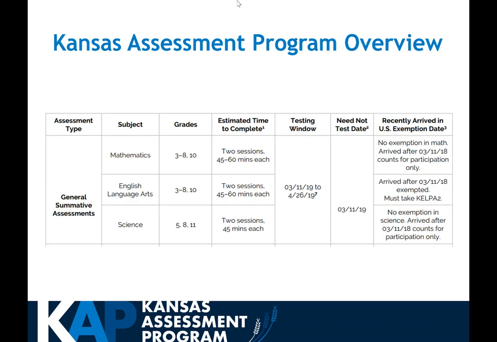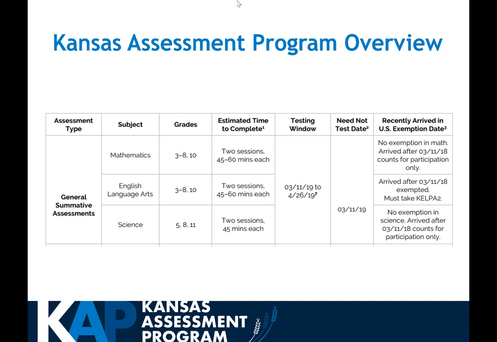In the Kansas Assessment Program Overview, you will see a list of the tests that will be given this year and the grade that will be completing the assessment. This year we will have mathematics, ELA, and science assessments for our students, but the grade varies based on the subject. The time estimate to be completed is only an estimation, and it is important to remember that the tests are not timed.